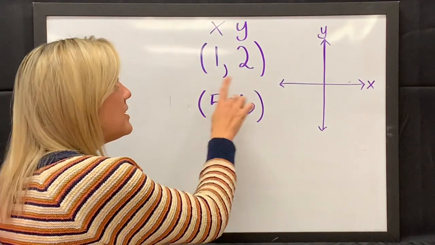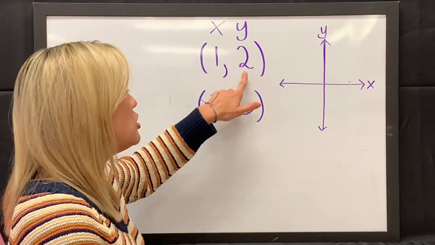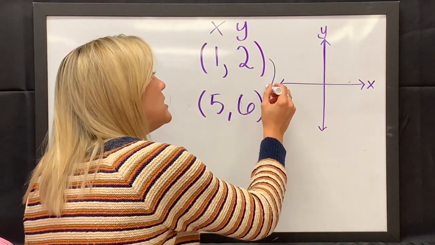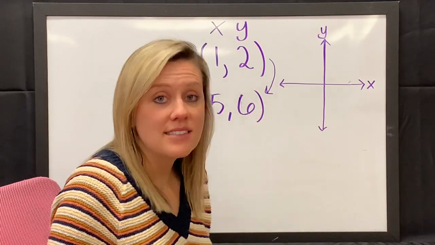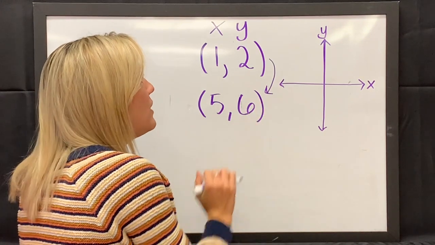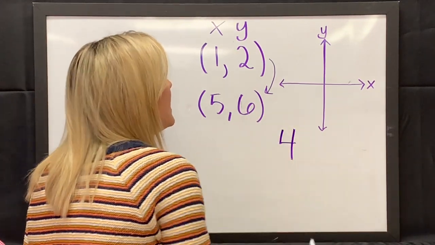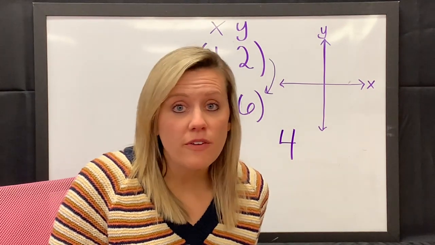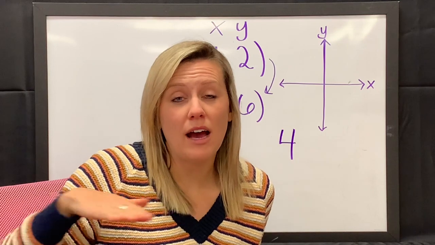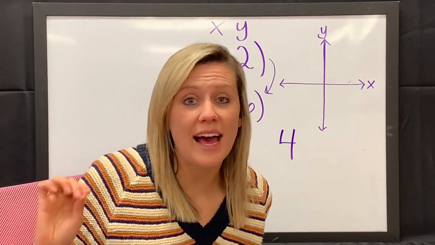So when I look at these points, the first numbers I'm going to look at are this 2 and this 6. And I'm going to think, what would I add to 2 to get to 6? That is going to be my rise, and the number you would add to 2 to get to 6 is 4. The next part of finding the slope is the run. We always want to count how many units you go right, how many units you're adding to the x.